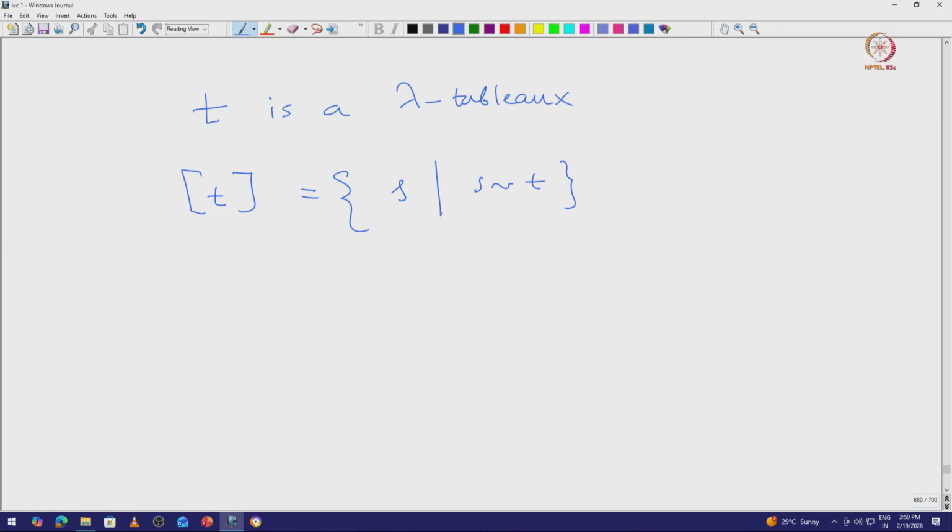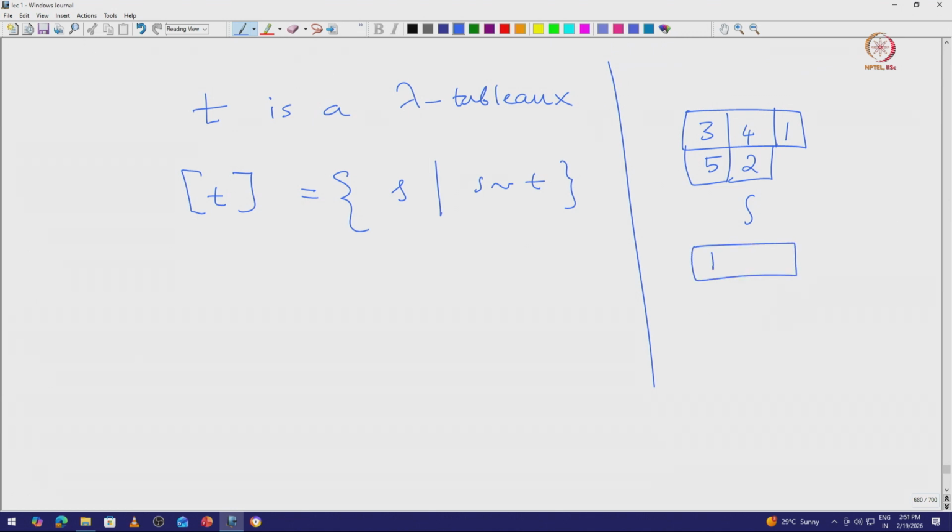Let us do an example, something like this. Let us say 3, 4, 1 and then 5, 2. Since we are allowed to permute among the rows, I can always write each row in increasing order.